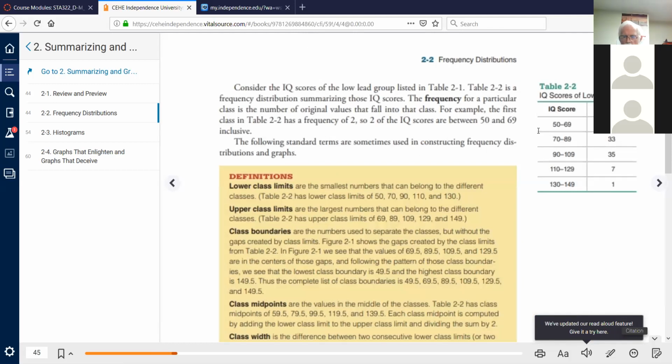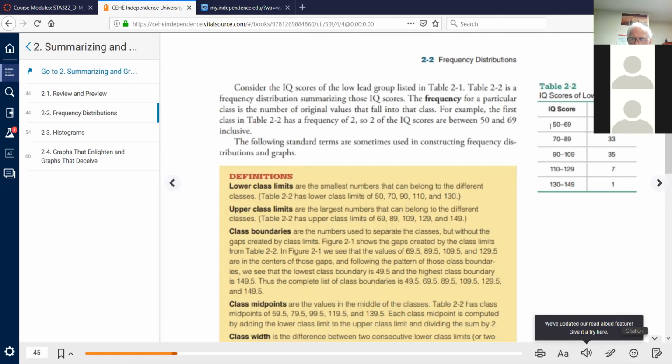A good example here is IQ scores, 50 to 69, etc. So basically 20-point ranges. The frequency just counts the number in terms of a population. So we've got a number of patients here, 78 measurements in this particular group.